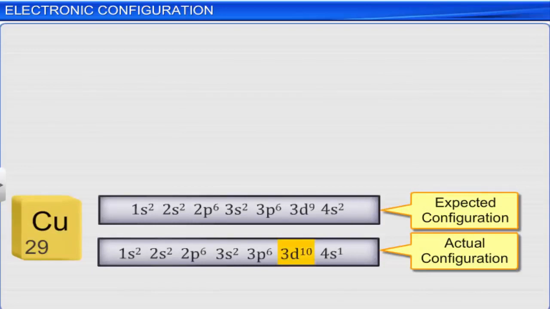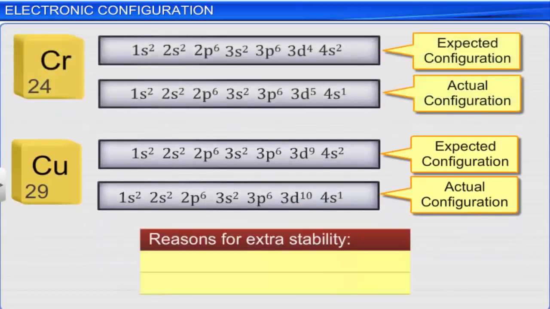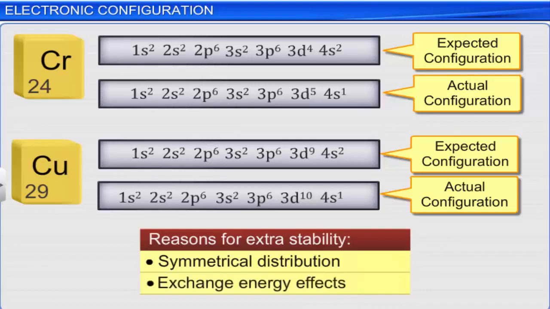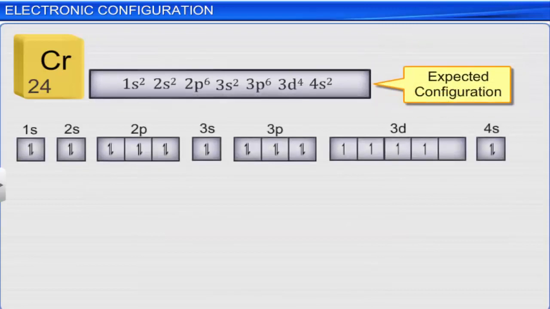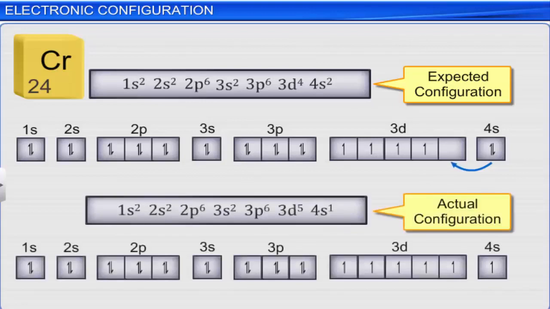The two reasons for the extra stability of half-filled and completely filled subshell configuration are the symmetrical distribution and exchange energy. From the expected electronic configuration of chromium, if one of the 4s electrons shift to the vacant 3d orbital, the distribution of the electrons will become more symmetrical, and this will impart extra stability.